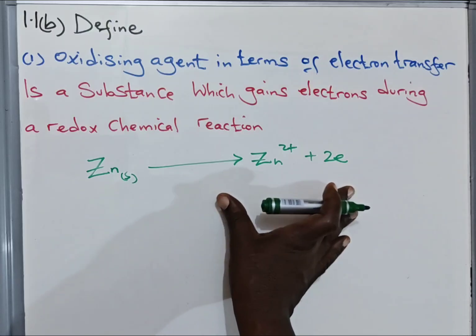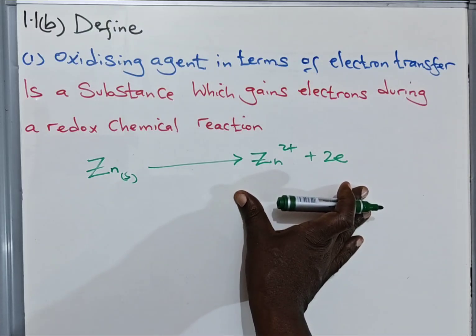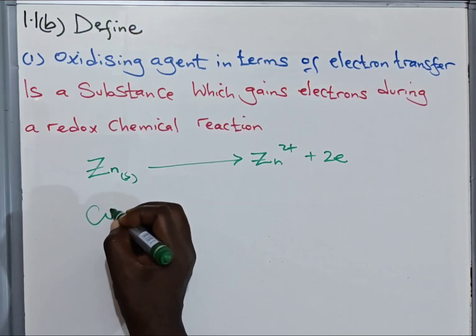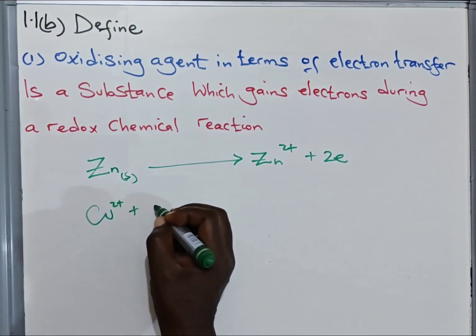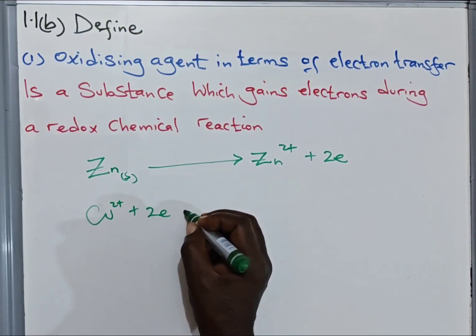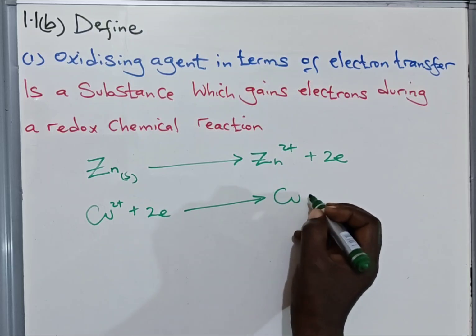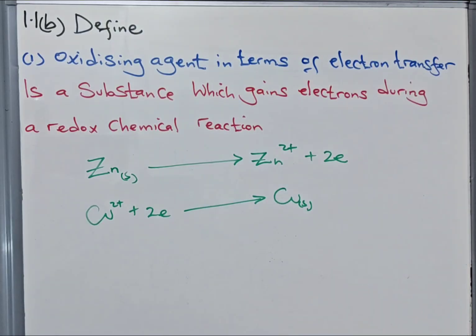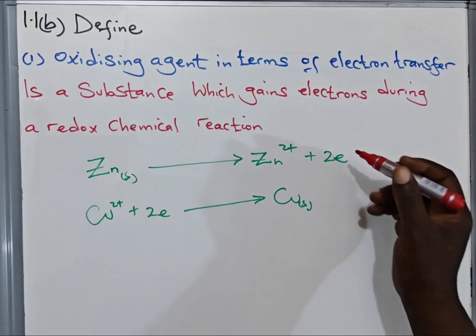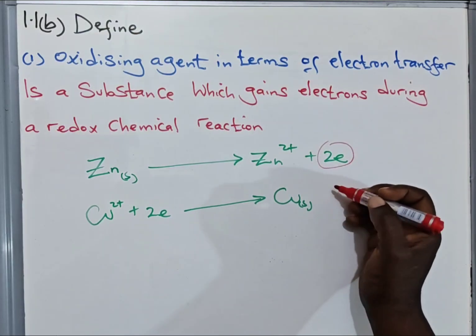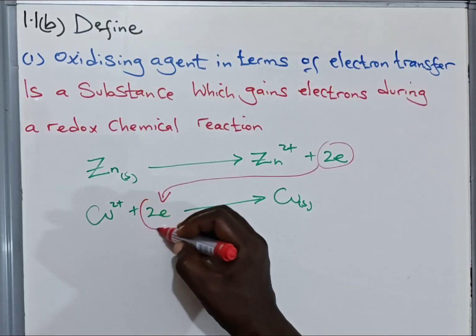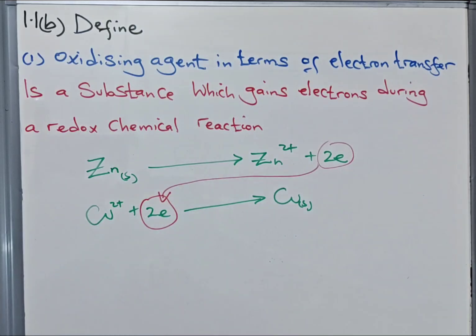So this is the half reaction for zinc. And our copper 2 ions will take electrons and become copper solid. Now, I need to tell you that the 2 electrons which are lost during oxidation of zinc are the ones which are gained during reduction of copper.